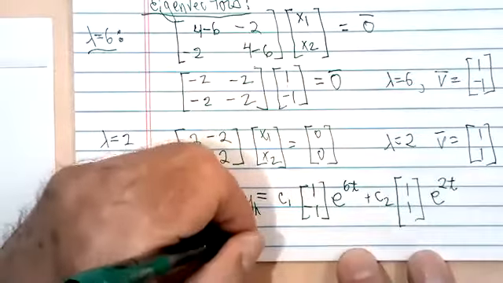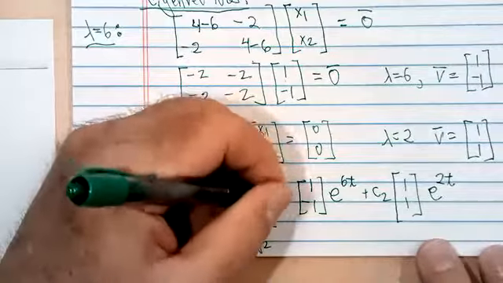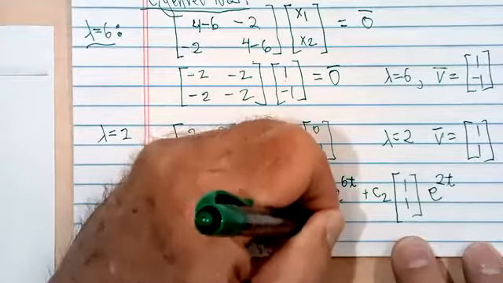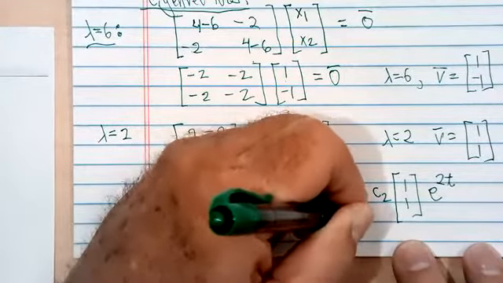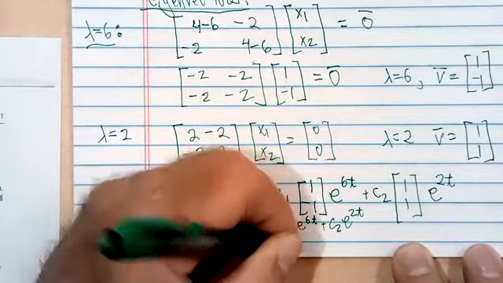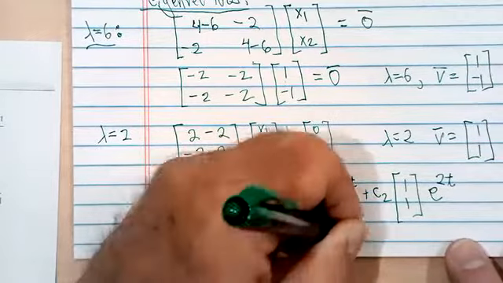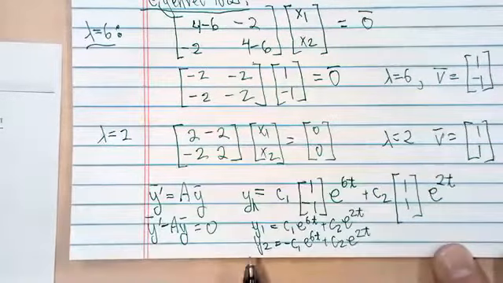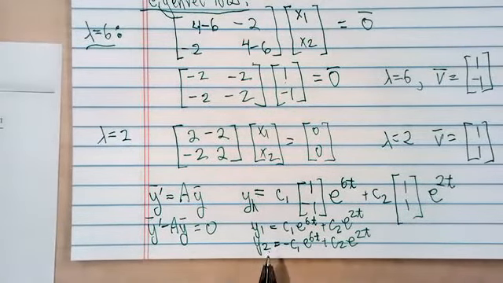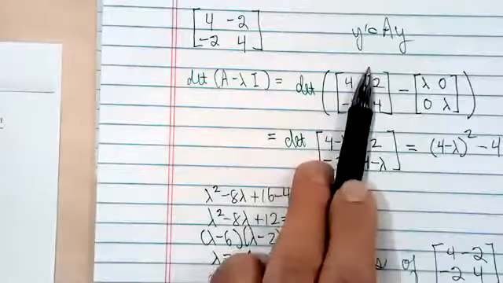Or to write out the solution without vectors, we're saying this. If you take C1 e to the 6t plus C2 e to the 2t for your first function, and minus C1 e to the 6t plus C2 e to the 2t for your second function, it will solve the original system of equations, which we wrote in vector form way back here.